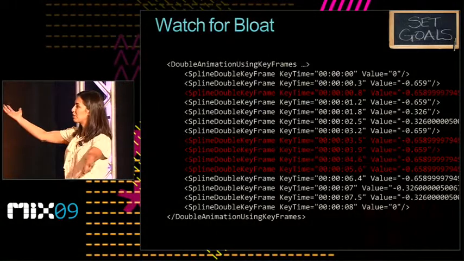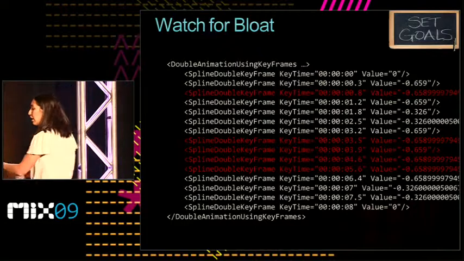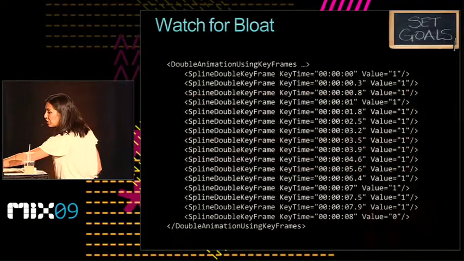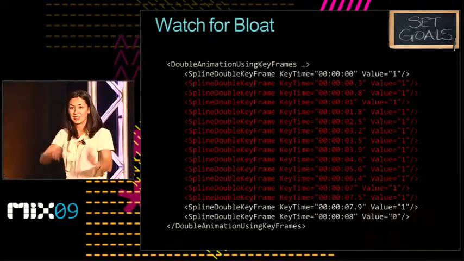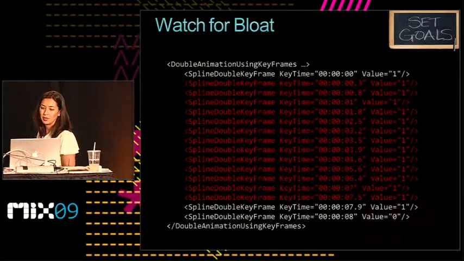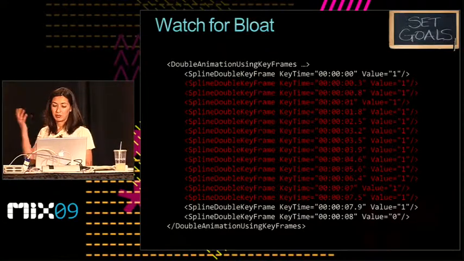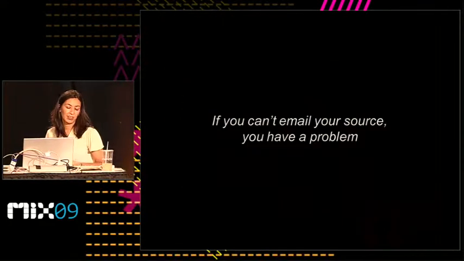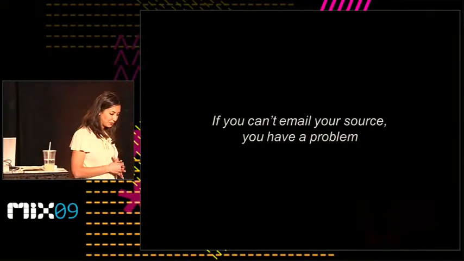And some of the splines were never used. And so they got huge problems with bloat, right? They were never looking at their XAML. They were never realizing there was bloat. And so make sure that you can always email your source.